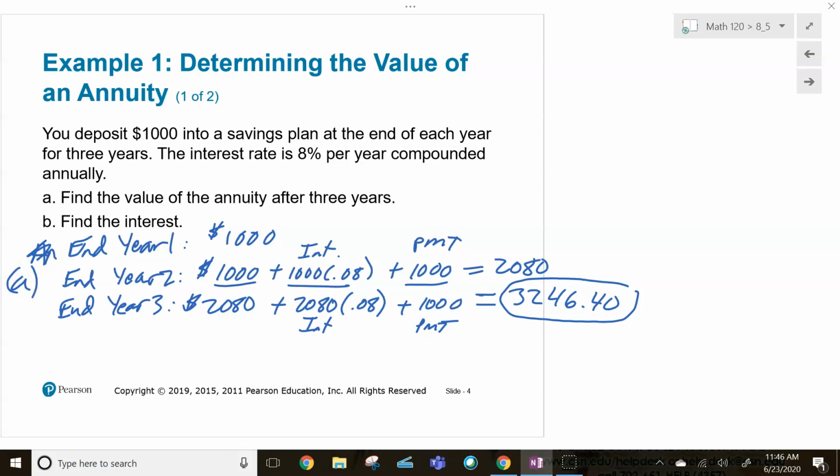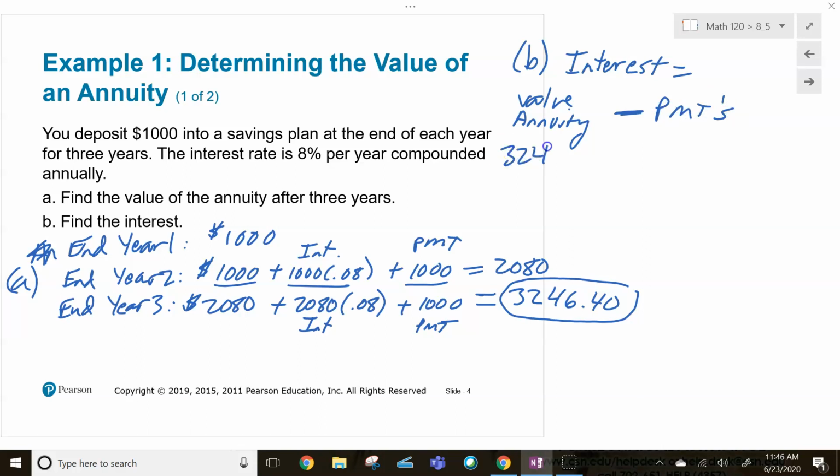We get $3,246. Part B says, well, what's your interest? The interest is the value of the annuity minus all the payments that we made. The value at the end of 3 years is $3,246.40.